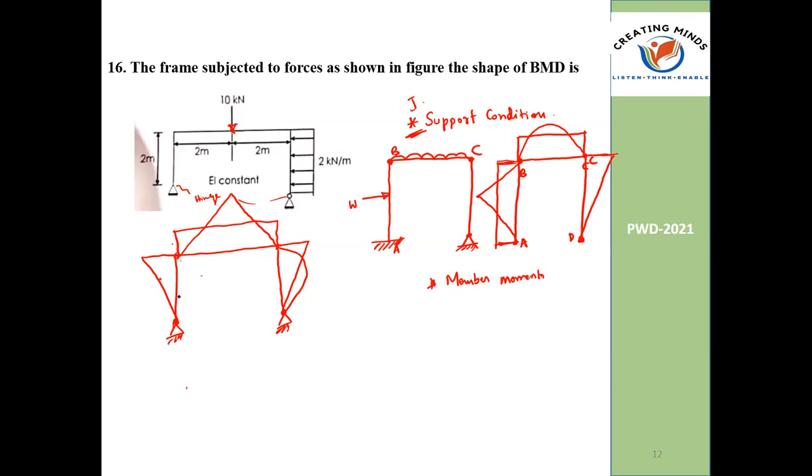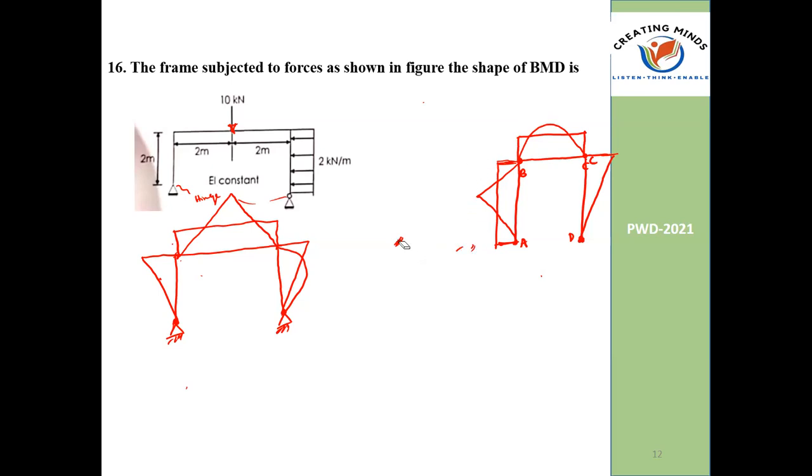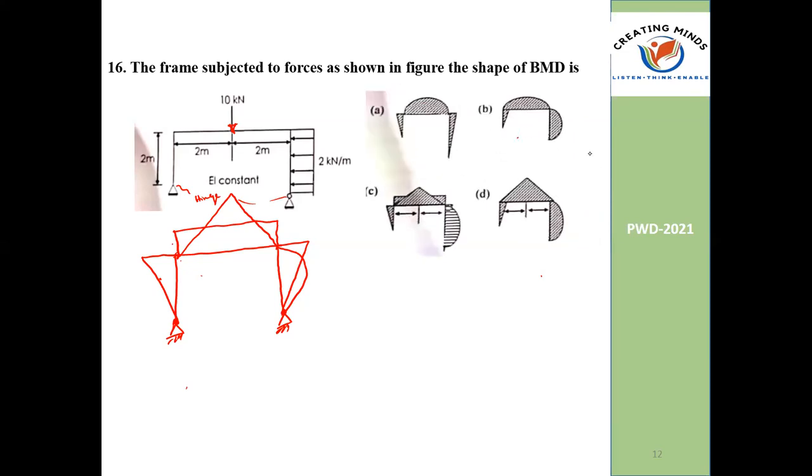Here there is no load, so there is no BMD. Clear? Now we will see the answer, which option is suitable for the given condition. Option C.